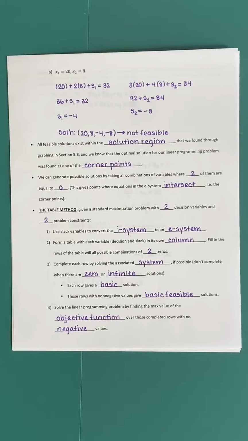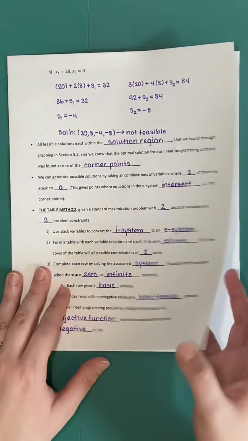The non-feasible solutions occur when we have potential values that are negative. We then check the objective function using those feasible rows, and we're just looking for the maximum. So based on the feasible solutions, where is the objective function going to take on a maximum value? So let's look at an example.